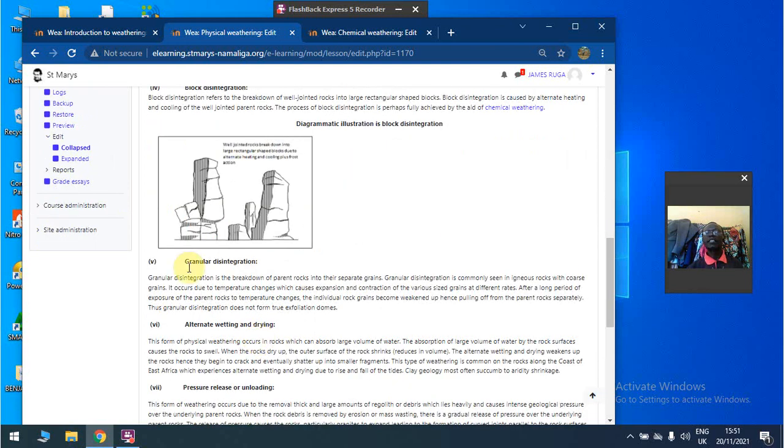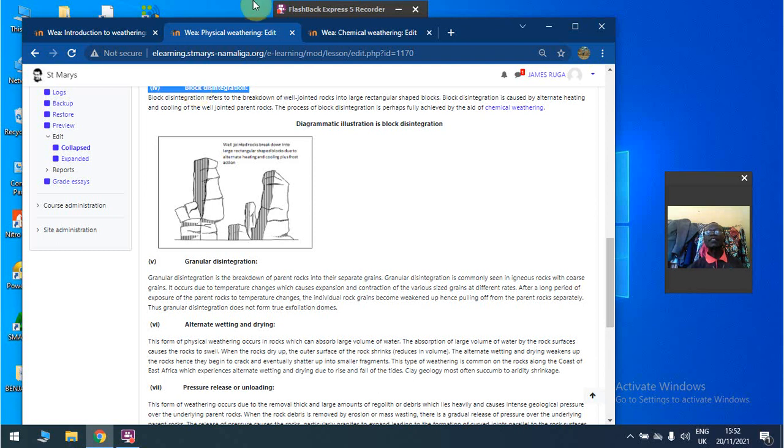Block disintegration is a form of physical weathering in which well-jointed parent rocks break down into large rectangular shaped blocks caused by temperature changes, alternate heating and cooling of the rocks along these joints. When there are hot temperatures, the rocks will be heated up and expand along the joints.